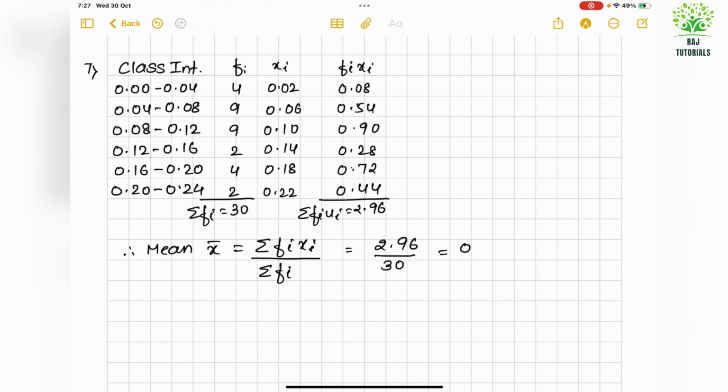So that is coming as 0.098. So the mean SO2 concentration will be 0.098.